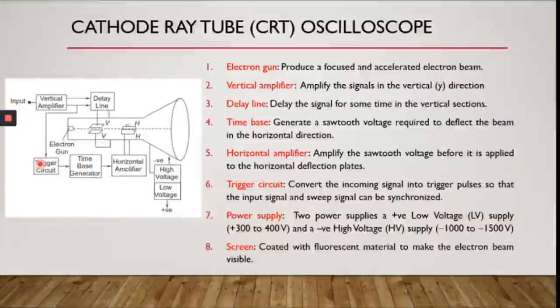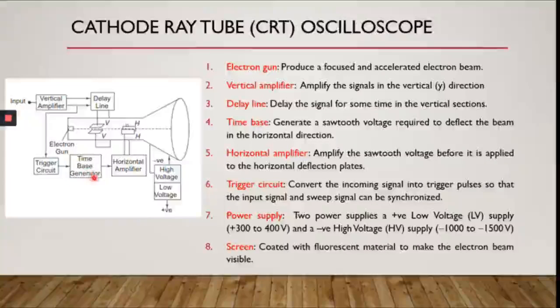Okay, so the function of the trigger circuit is to create a pulse to synchronize the value that is obtained from the input with the value that is going to be generated by the time-based generator.